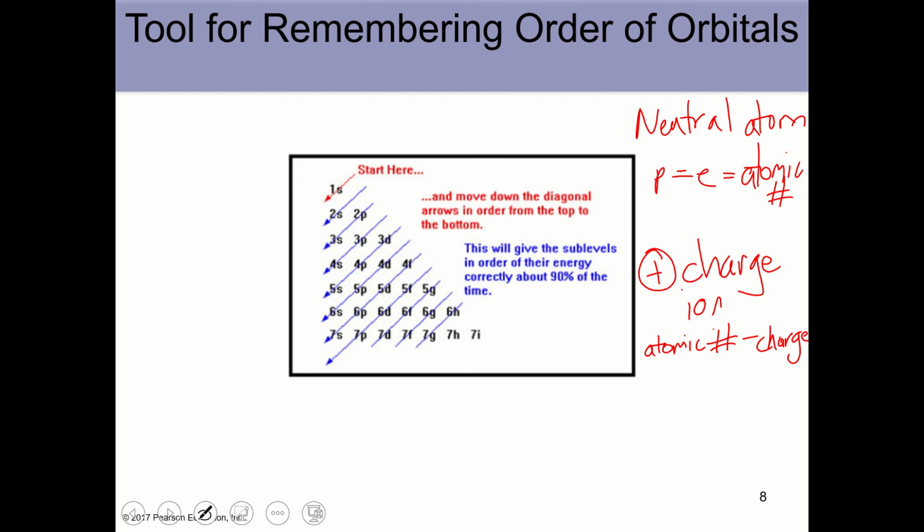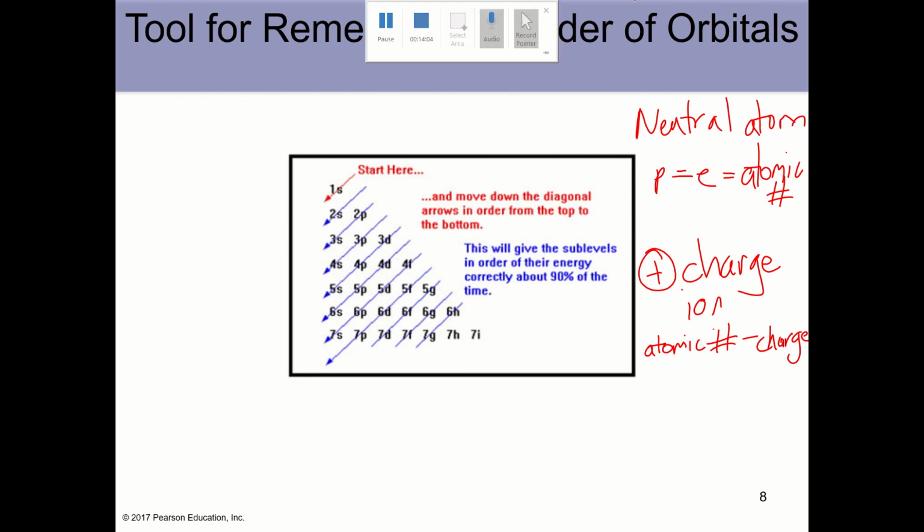So let's see, after lithium is sodium, right? So how many electrons does sodium have? Let's look. Sodium has an atomic number of 11. Sodium generally gains a positive 1 charge.